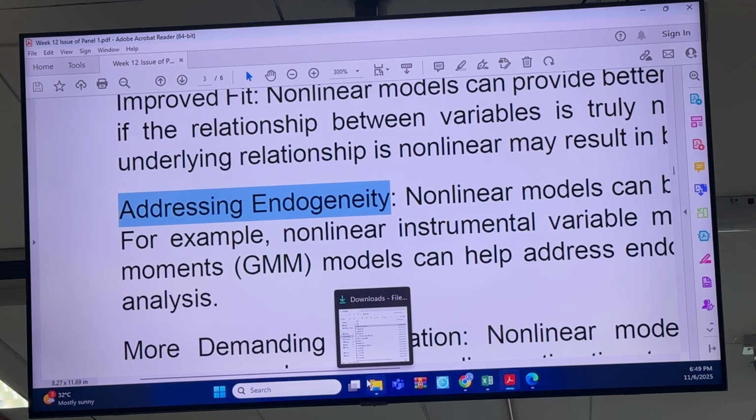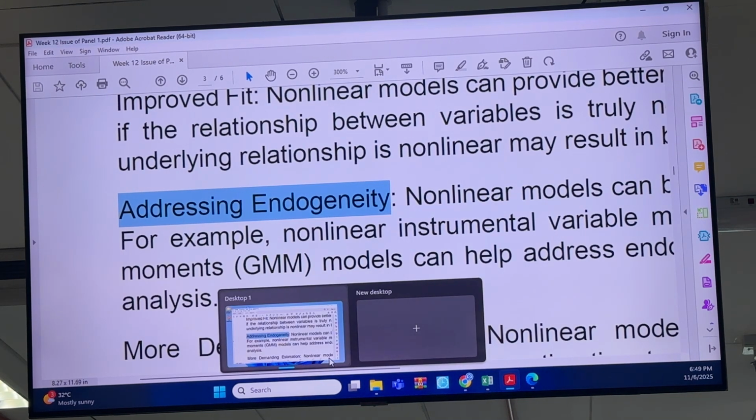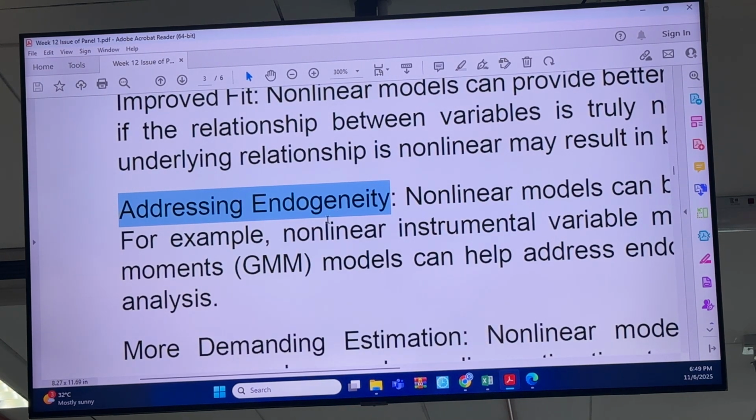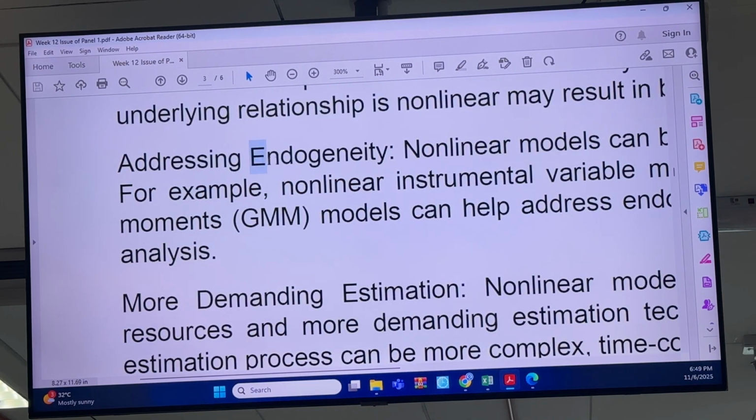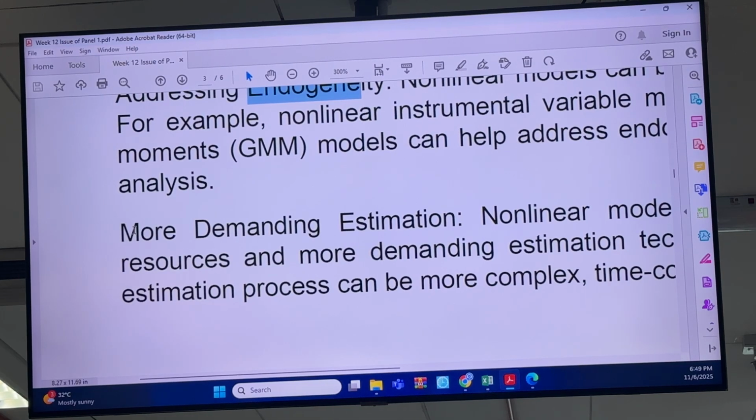Maybe I use another scenario: in causality there is also nonlinearity. Then you have the nonlinear causality to address this endogeneity issue. So you can move forward to take a look at the nonlinear causal relationship also.